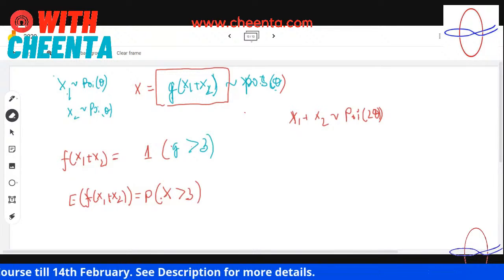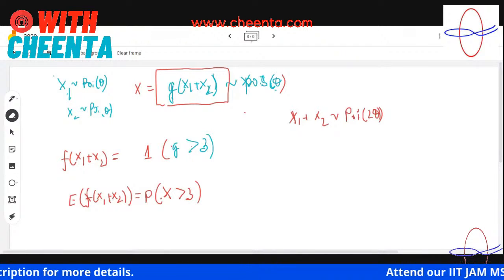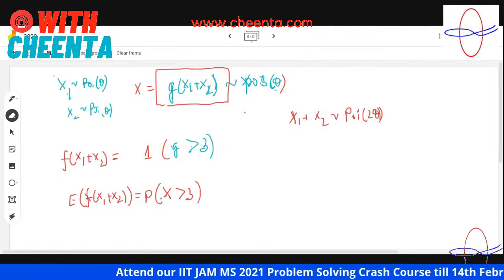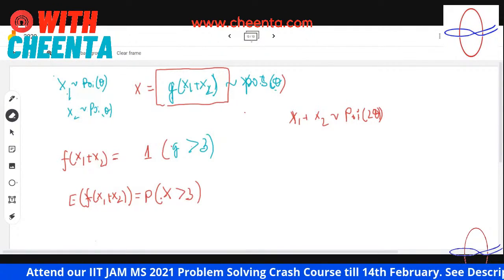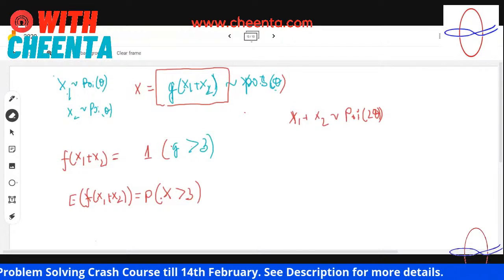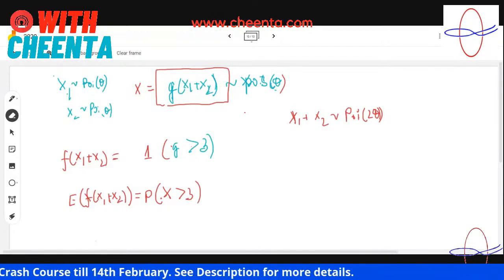Perfect. Probability x1 greater than 3. So I'm trying to express probability x1 greater than 3 in terms of x. Are you trying to make sense of probability x1 greater than 3 in terms of x?